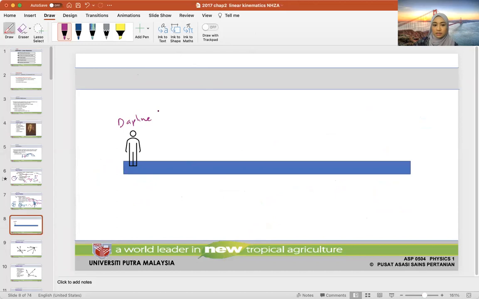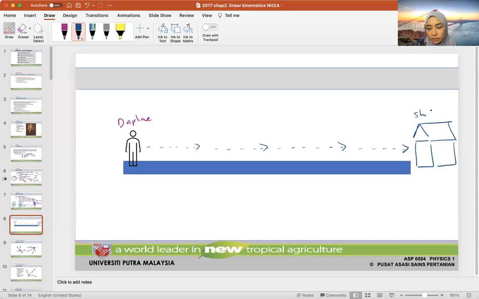Okay, so this is Daphne. Okay, so Daphne is moving. Tak tahulah moving macam mana. So let me describe first. So Daphne is walking, and then she walks and she walks until she reaches her destination, which is a shop. This is a shop, a very nice shop. So Daphne is going to the shop lah. Okay, I just made that up.